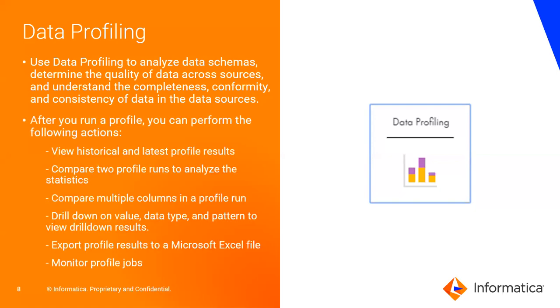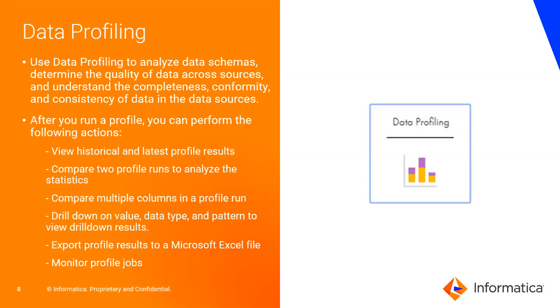So after we run a profile, we'll be able to compare the historical profile and the latest profile. Using this, you will be able to understand if your data quality process improved over time or not. You could also compare multiple columns in a profile.